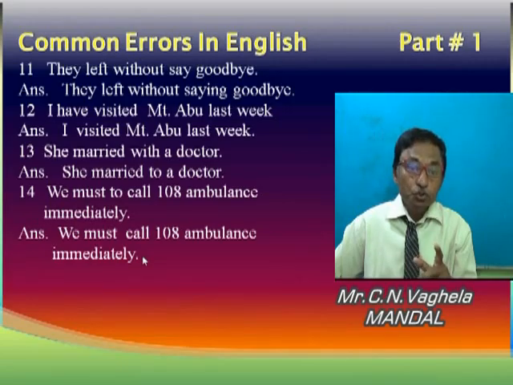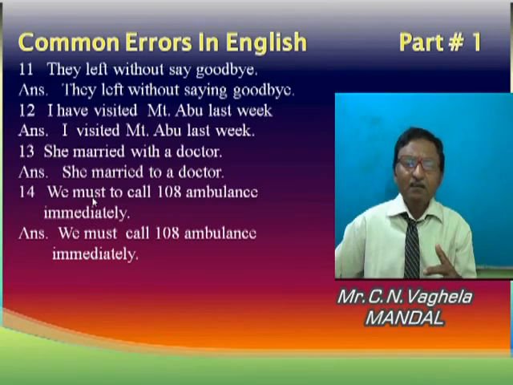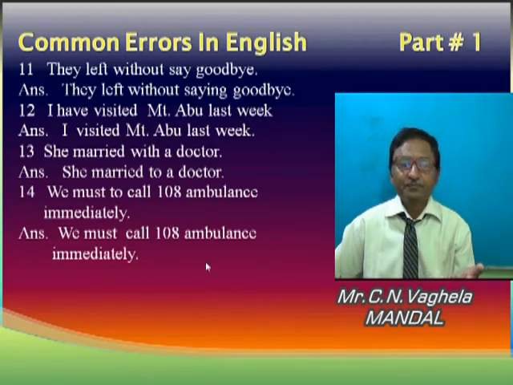Never use to after modal auxiliary verbs: can, could, shall, should, will, would, must, etc. These are modal auxiliary verbs, and we use them in all tenses, but we never use to after modal auxiliary verbs.